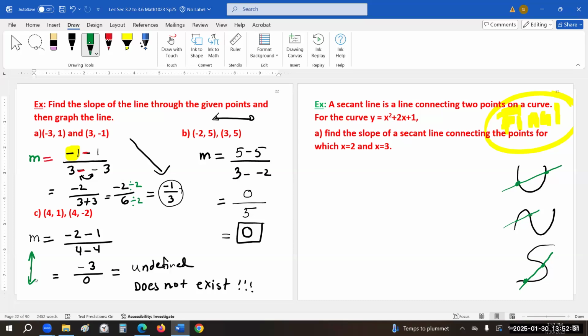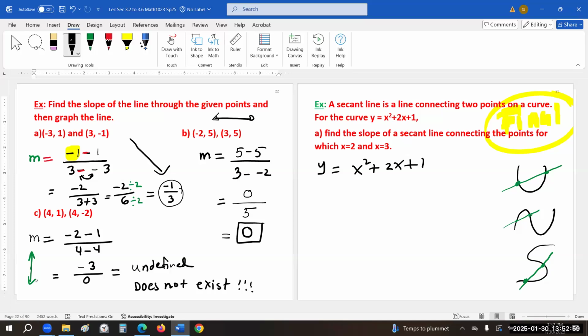And now they are telling us we have a curve, which is a parabola, something like this one. They gave us the formula of the curve. Y equals x squared plus 2x plus 1. And they're telling us in this curve, there are 2 x numbers.